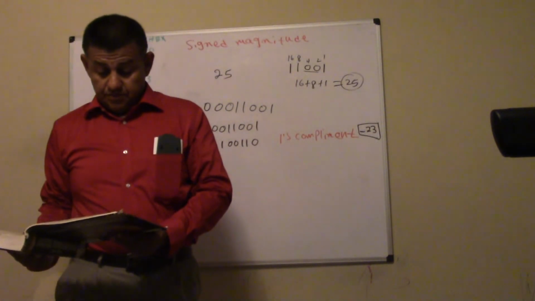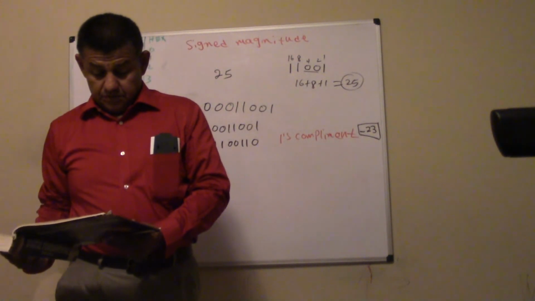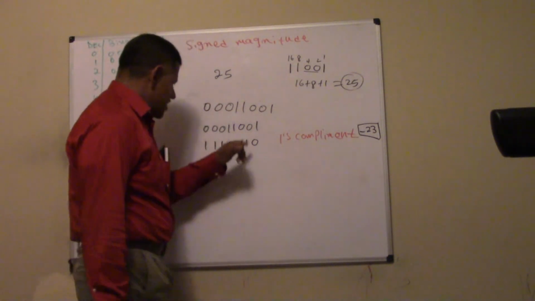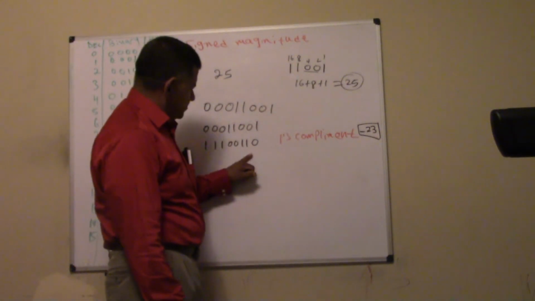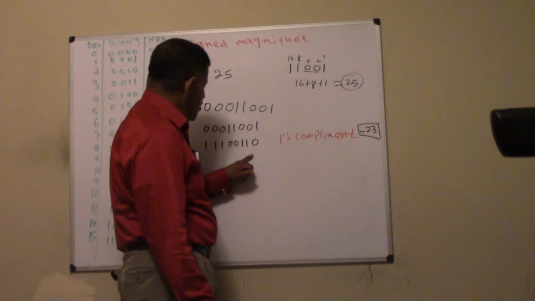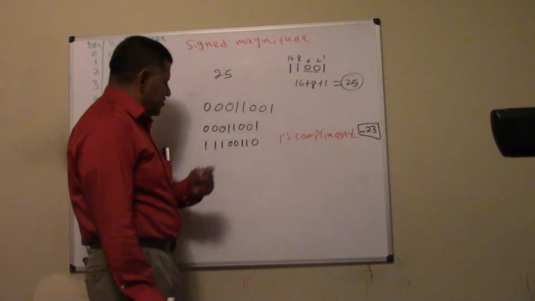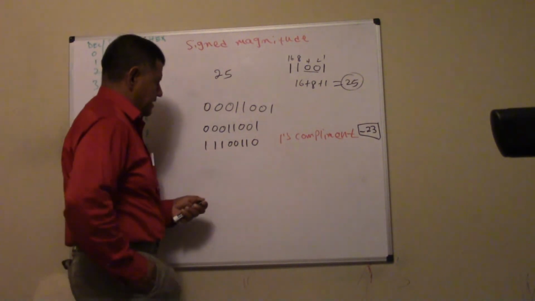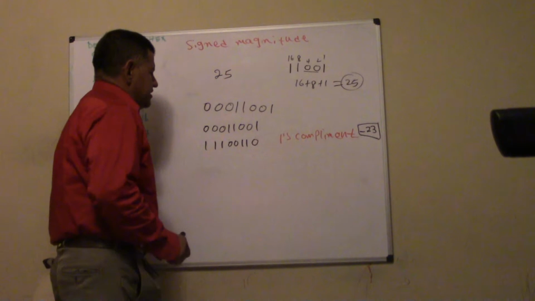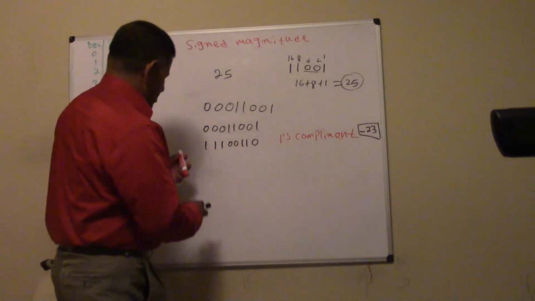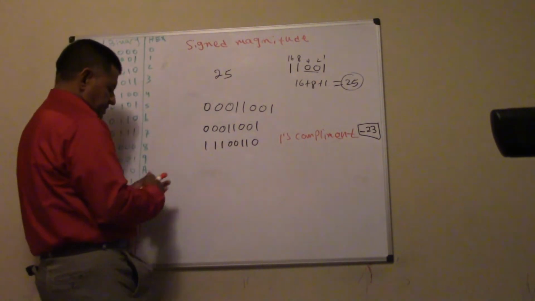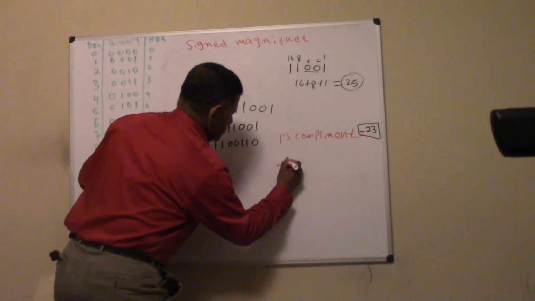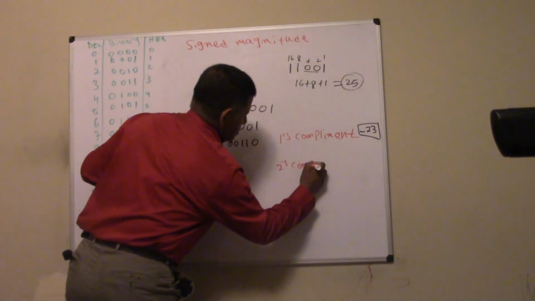To get the two's complement, I add 1 to the one's complement.